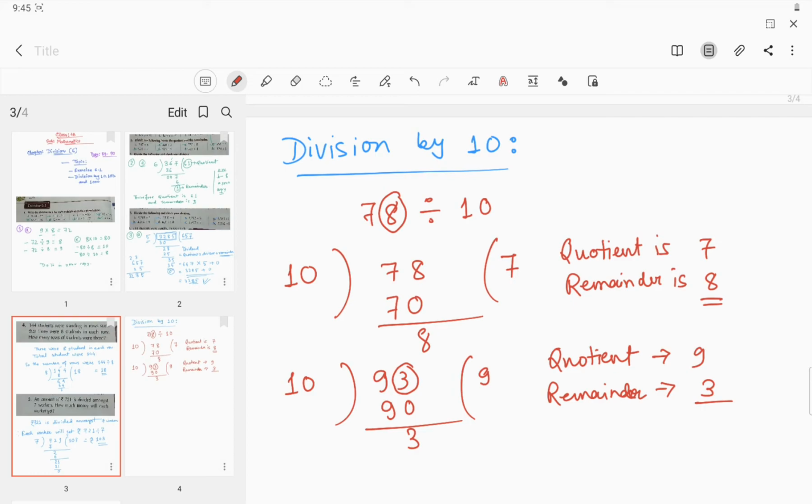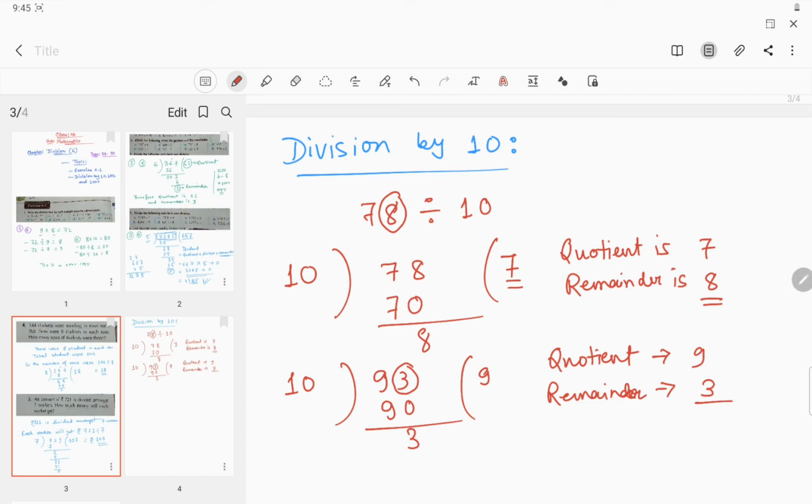When you divide a number by 10, the digit in the ones place, that is the important term, will be your remainder, and the digits from the remaining part will be the quotient.